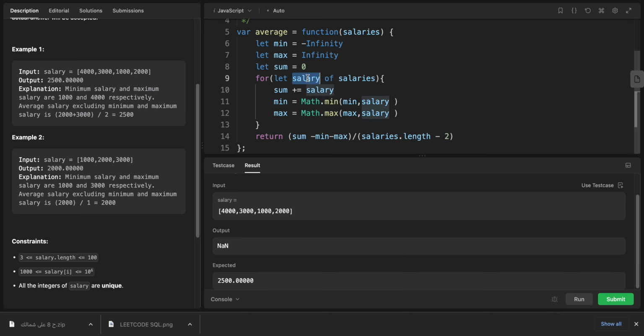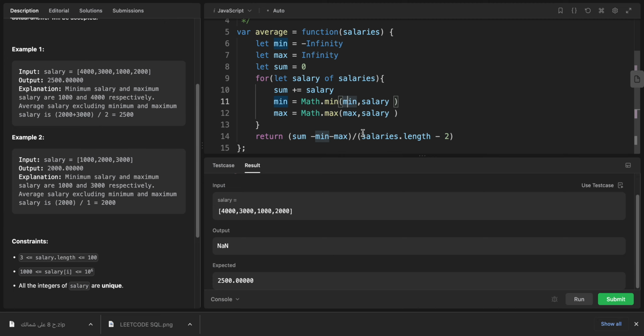So let salary of salaries, and I will say the sum plus equals the salary, and min equals the smallest value of these two, and max also equals the biggest value of these two.